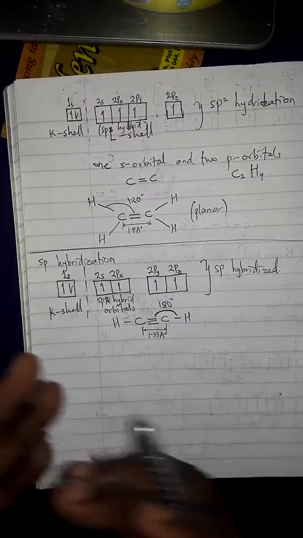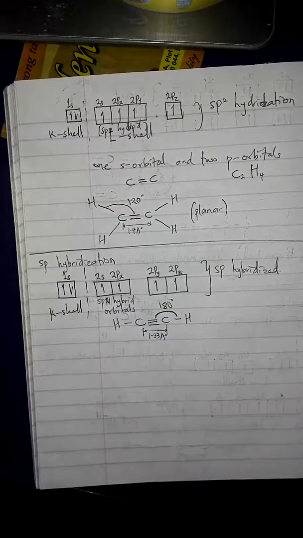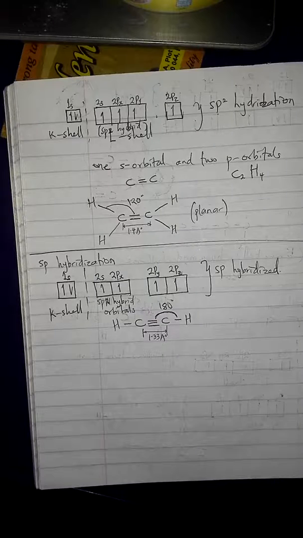Okay, you can have a compound that contains carbon to carbon double bonds as well as carbon to carbon triple bonds. That means we can have a compound that contains both sp2 hybridized carbon atoms and sp3 hybridized carbon atoms.